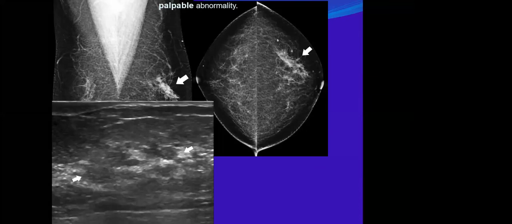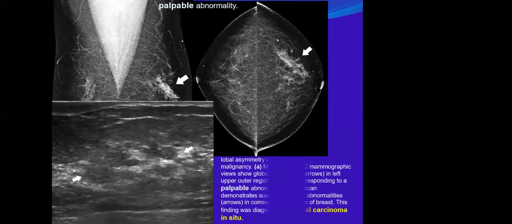This heterogeneous area is ill-defined, heterogeneous, ductal-like. You see tubular-like segmental ductectasia. It is indistinct and heterogeneous, not clear. So it is a BI-RADS 4, 4C, for biopsy.